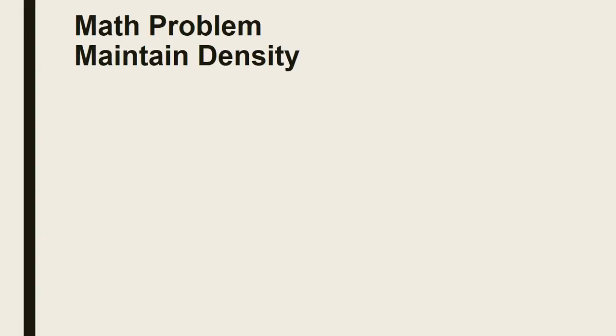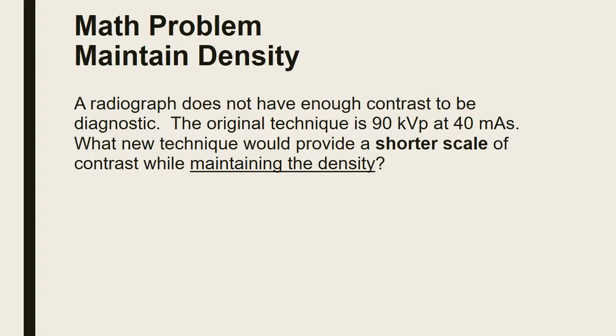Now we want to do another one. A radiograph does not have enough contrast to be diagnostic. The original technique is 90 kV at 40 mAs. What new technique would provide a shorter scale of contrast while maintaining density? So 90 kV, no matter what, we're going to change something by 15%. 15% of 90 is 13.5.